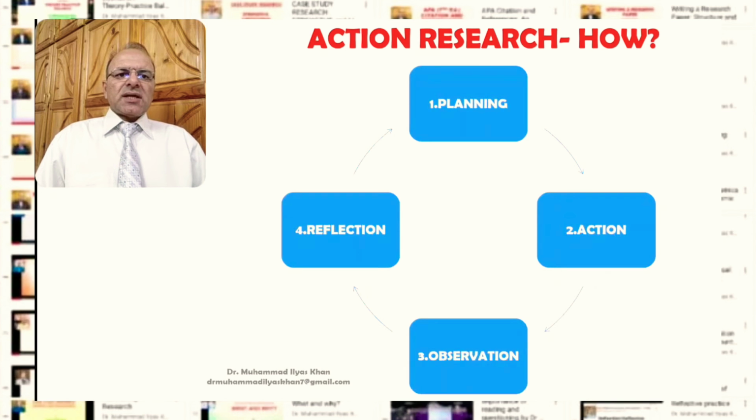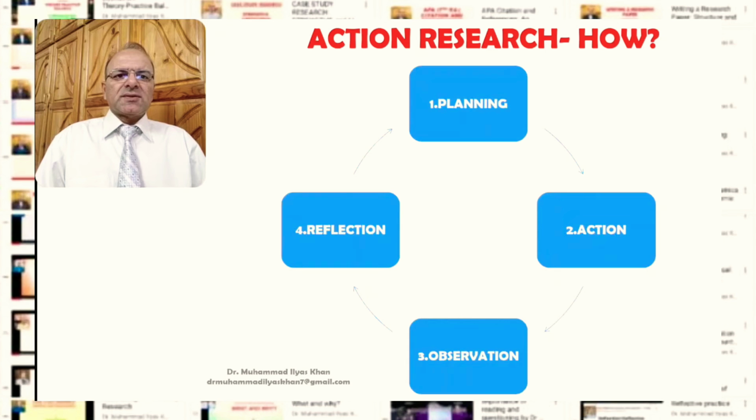The action then is followed by observations, and observations then lead to reflections on the results of the particular intervention or action. And so reflection, the last part, helps the researcher in making decision whether to go for further planning and action and observation or to stop.